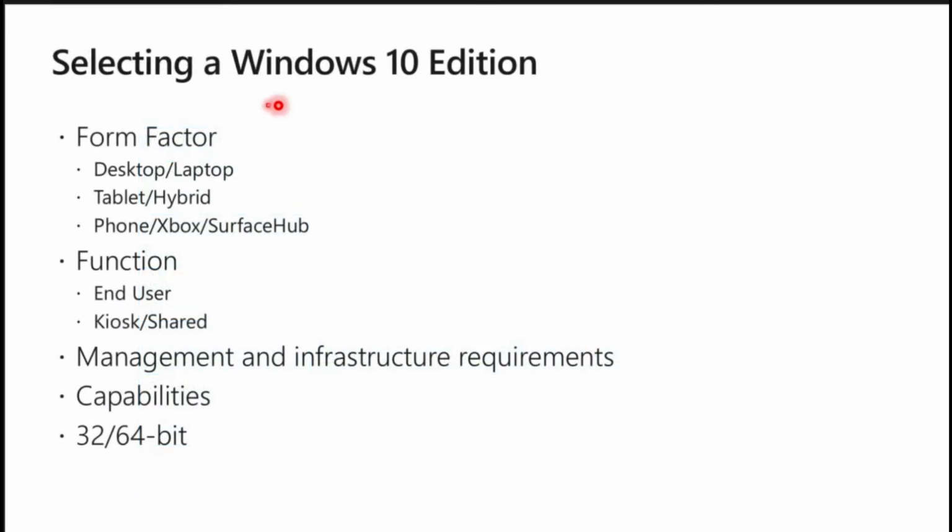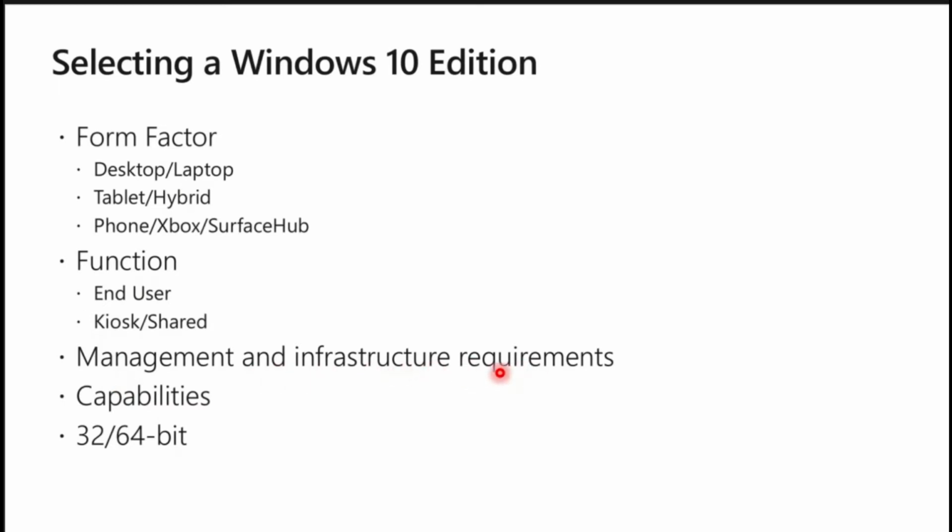And selecting a Windows 10 edition by form factor, like desktop, laptop, tablet, hybrid, phone, Xbox, Surface. They may have many different devices, like a desktop, laptop, tablet. So there are many different scenarios where Windows 10 can be deployed, maybe for end users, maybe some kiosks and shared devices.